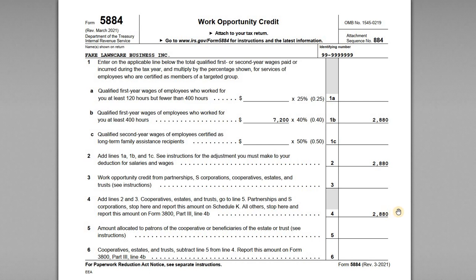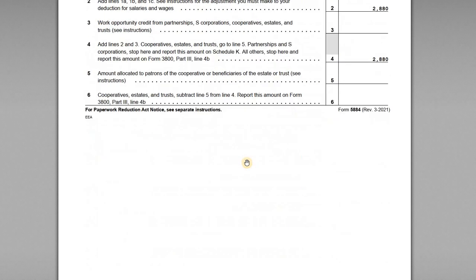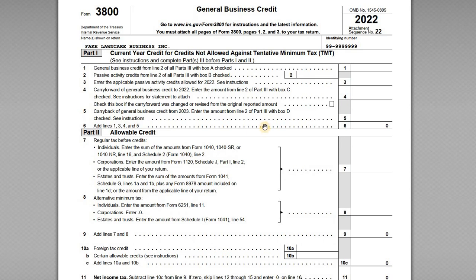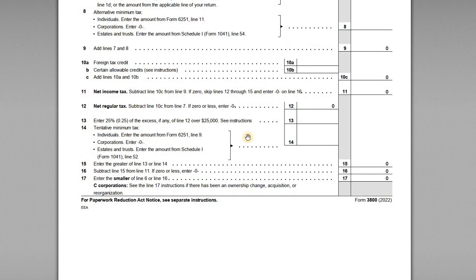And it is reported down here on line 4, and then it's also reported on Form 3800. So 3800 is the general business credit form that's included with the tax return. And if we look at that, what you'll see is that the general business credit form compiles a lot of different kinds of credits.